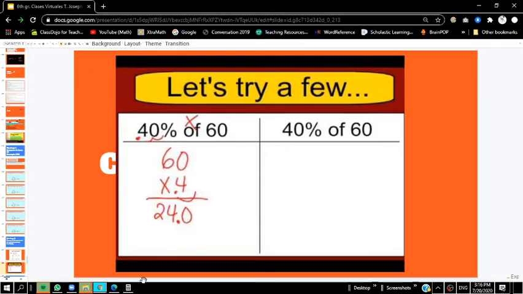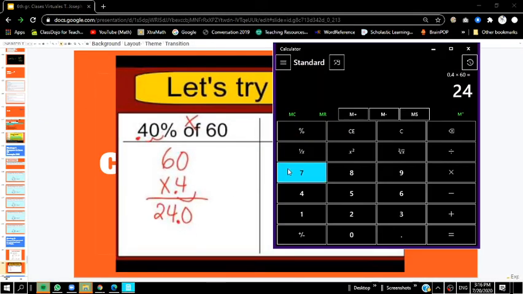Let's check that on the calculator to see if that's correct. If we take 40%, which is 40, divided by 100, it equals 0.4. And then we multiply that by 60, and we get 24. That's our final answer.